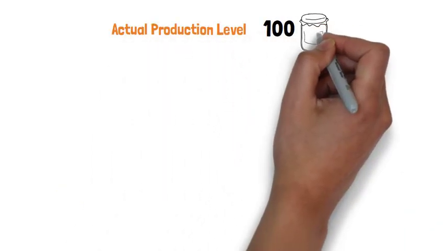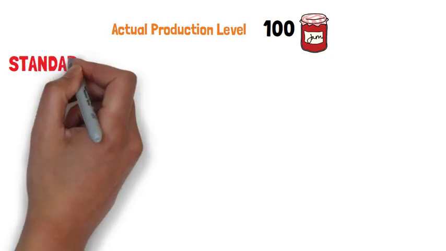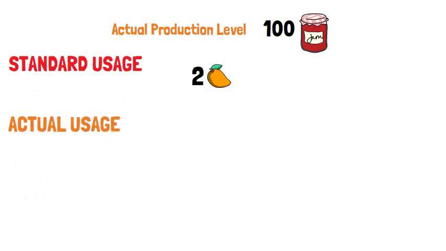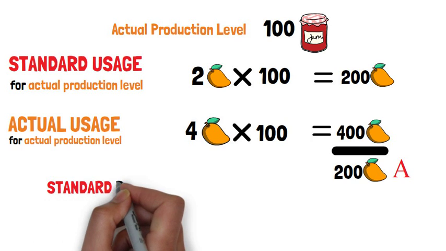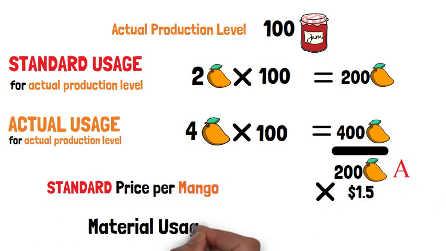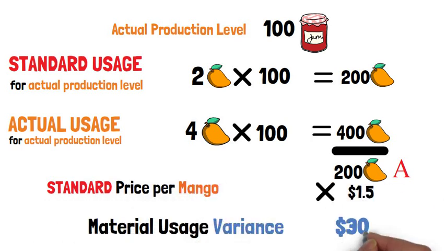However, if the production level had been 100 bottles of jam, then the standard usage would have been 200 mangoes and the actual usage would have been 400 mangoes. Then the material usage variance would have been 200 mangoes, and that should be multiplied by the standard price of $1.5, and then it would have been $300 adverse.